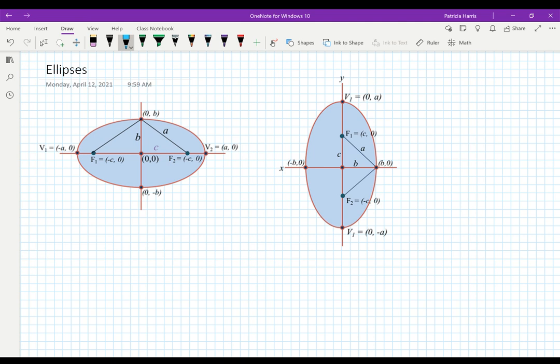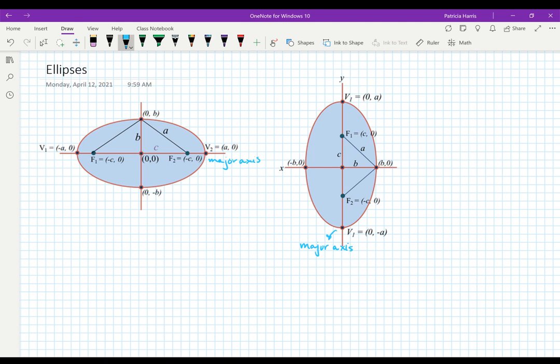So this line right here is the major axis for this one. And then this line right here is the major axis. Basically it's an axis of symmetry. And basically what we mean by major axis is whichever one is longer.